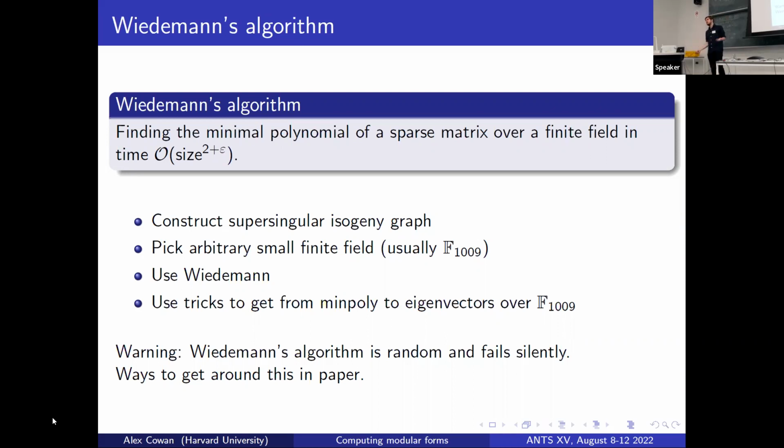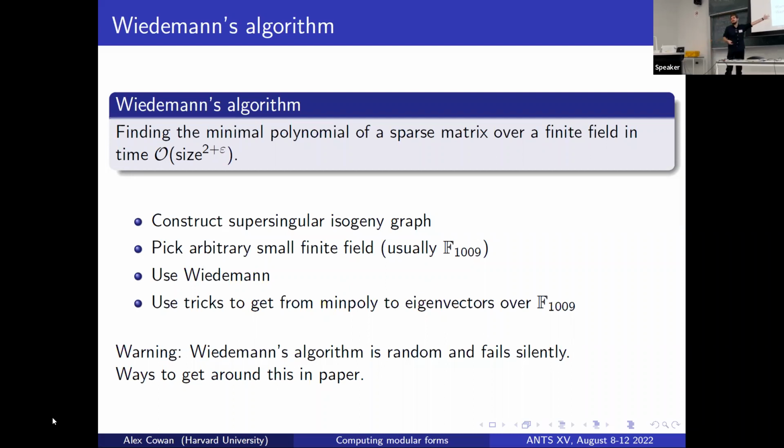And one of our objectives, if you recall, is that we wanted complete tables of modular forms. So we can't accept this chance that the algorithm fails silently, because who knows, maybe we miss a modular form that way, right? That's no good. So one of the biggest parts of these modifications to Wiedemann's algorithm is finding a way to make sure that we've actually gotten the full minimal polynomial and not just some proper divisor.